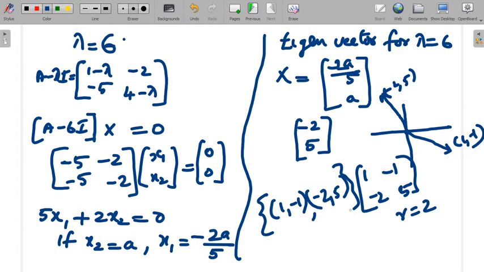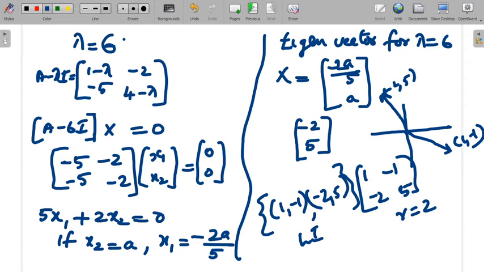Now as I said before, any eigenvector corresponding to lambda equal to 6 will be a vector in the same direction, a constant multiple of minus 2, 5. So if you take these two vectors, as the rank is 2, they are linearly independent. And as the dimension of R2 is 2, this will form a basis of R2. Any set of two linearly independent vectors will make a basis of R2.